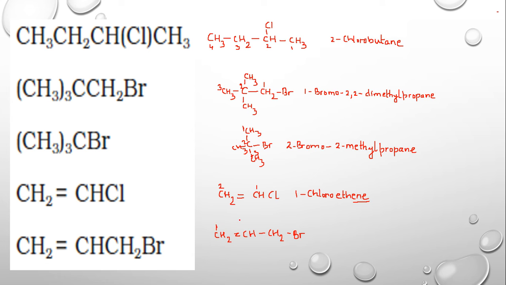Okay, so the number is going to start from CH2, CH and CH2. Okay, so the name is going to be 3 bromo propene. 3 bromo propene. Okay, ENE, it stands for alkene.